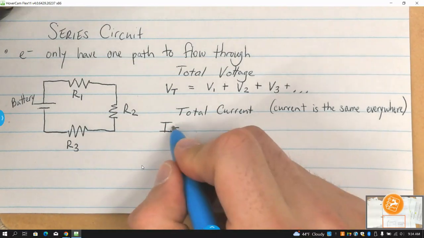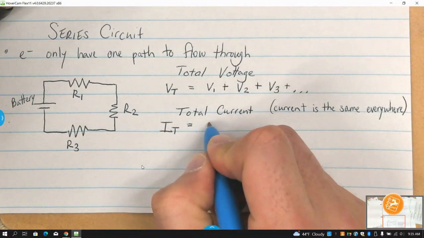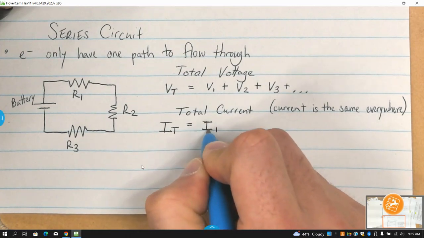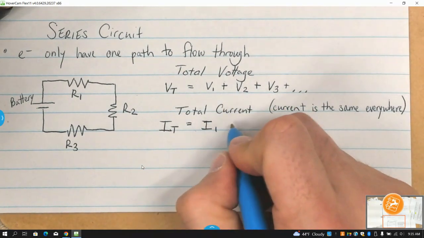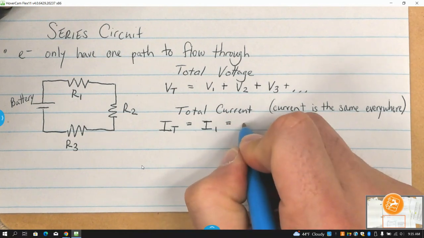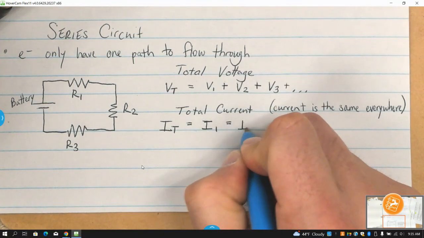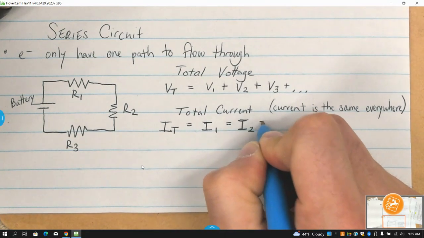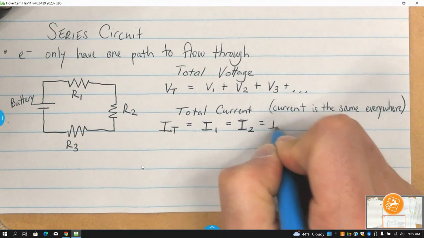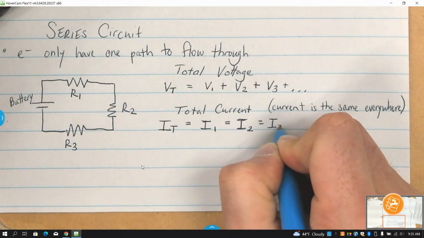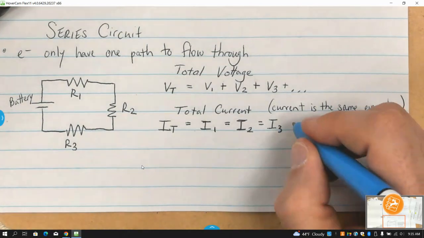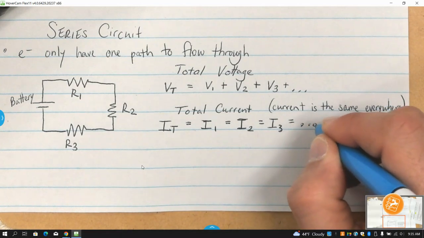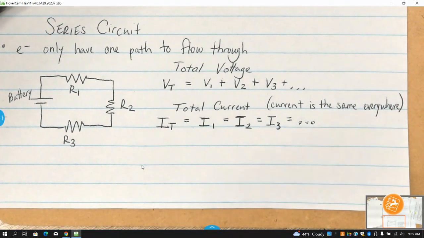So that means the current going through resistor 1, so I1, is going to equal the current going through resistor 2, so that would be I2, would equal the current going through resistor 3, or whatever. If there's more, dot, dot, dot.